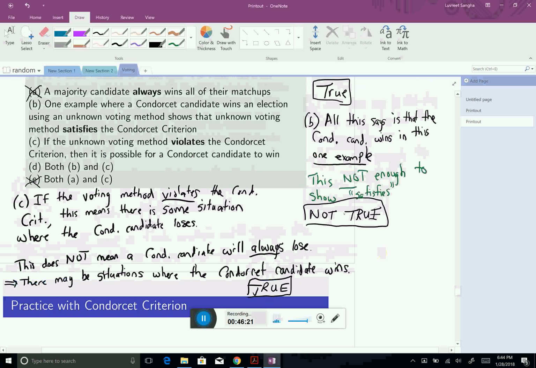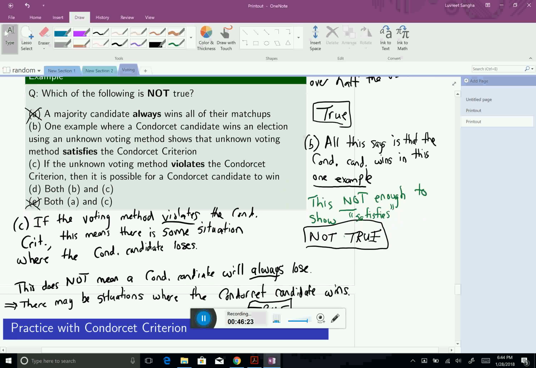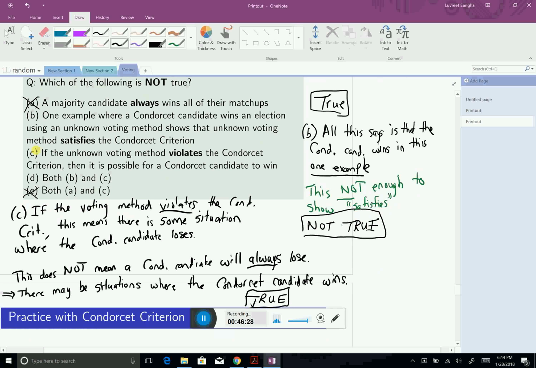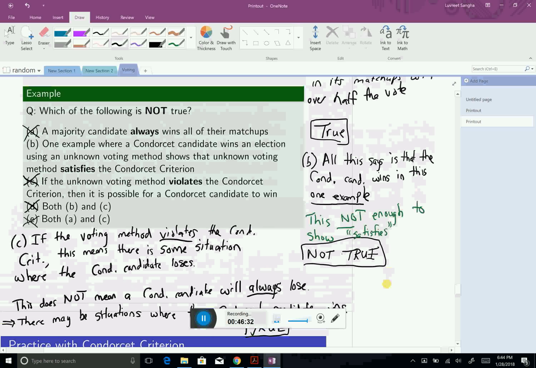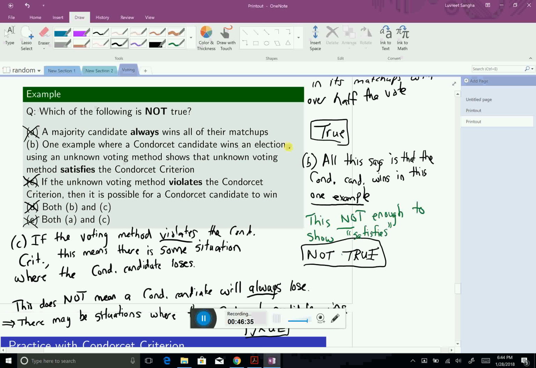All right, so now going back, the question was asking which of the following is not true. C was true, we don't want that. And that also eliminates D. The only one that wasn't true is B. So B is the answer. Okay, this is a really good example because it breaks down a lot of what it means for a voting method to satisfy the Condorcet criterion and what it means to violate it.